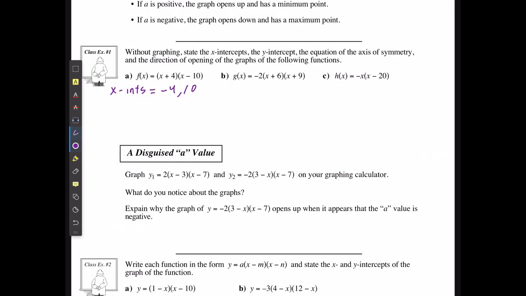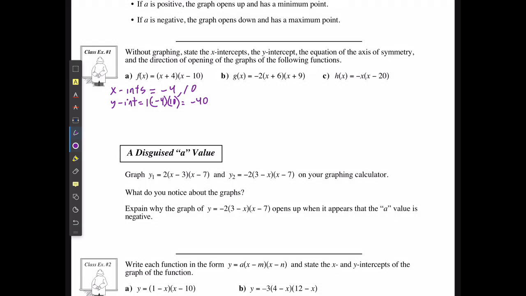The y-intercept is going to be equal to 1 times -4 times 10. Which is going to give me -40.